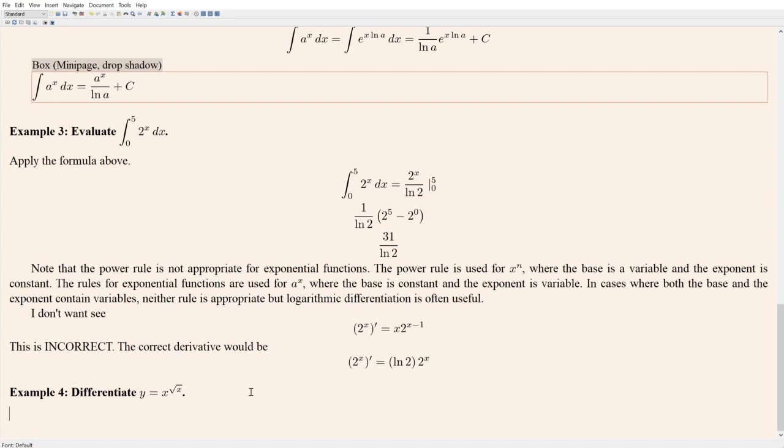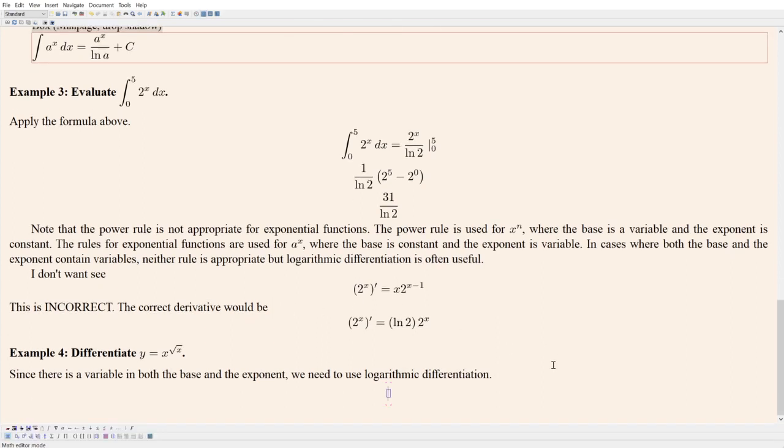Since there is a variable in both the base and the exponent, we need to use logarithmic differentiation.